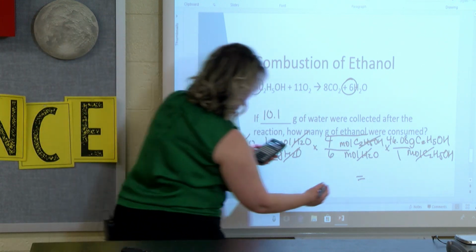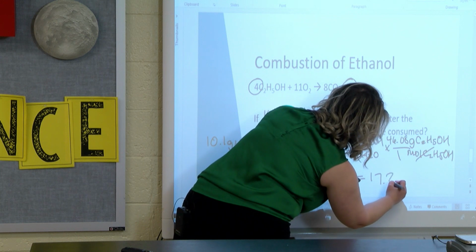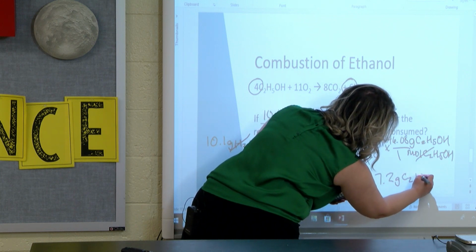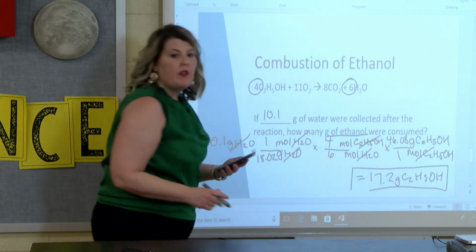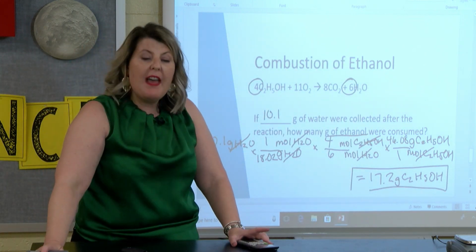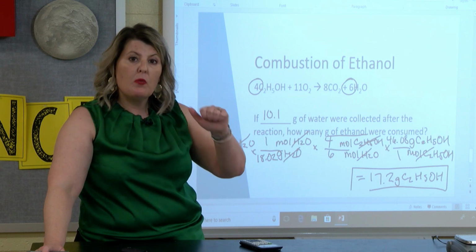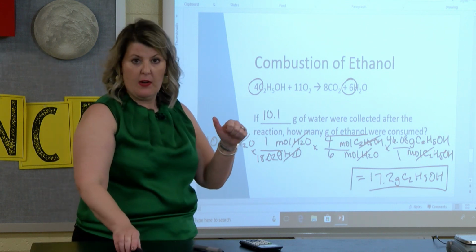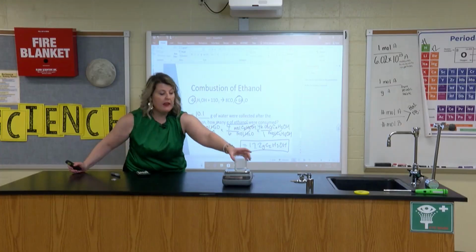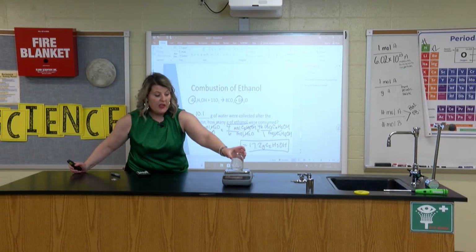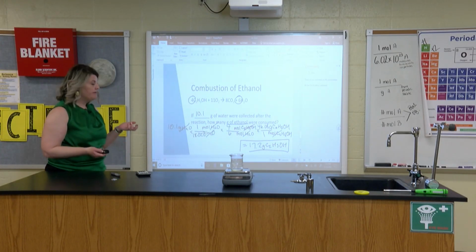And that's going to give me 17.2 grams of ethanol. So there were 17.2 grams of ethanol in that container when I ignited that fire. And that gave us the 10.1 grams of water that we collected at the end.